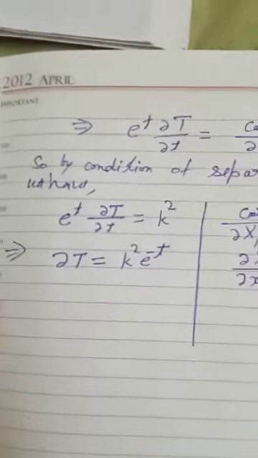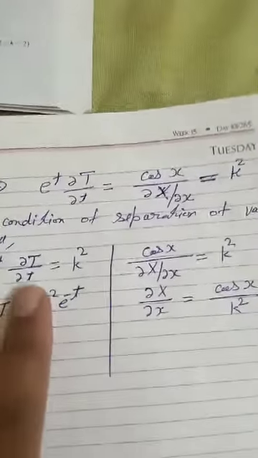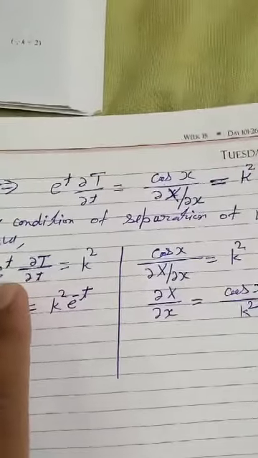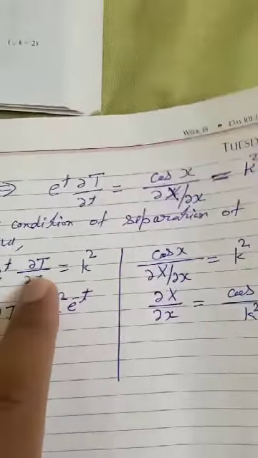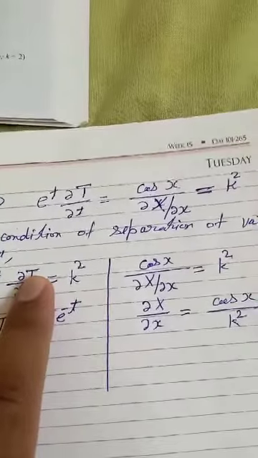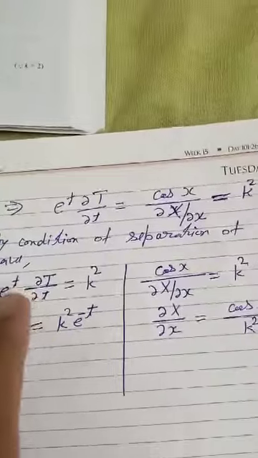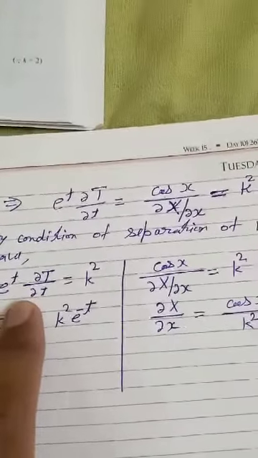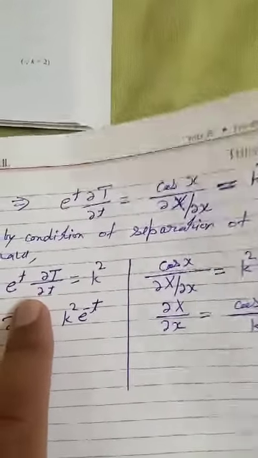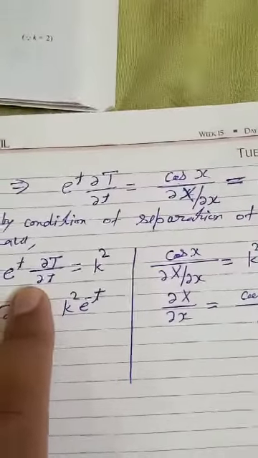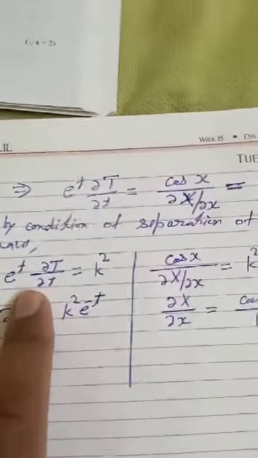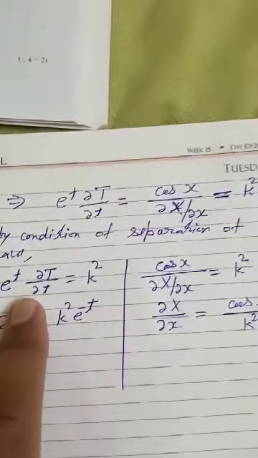One more thing I want to discuss here, that in this part we see that e to power minus t del T over del t, capital T is the function of small t only. So this looks like a partial differential equation, but it behaves like ordinary differential equation because it is the function of one independent variable.